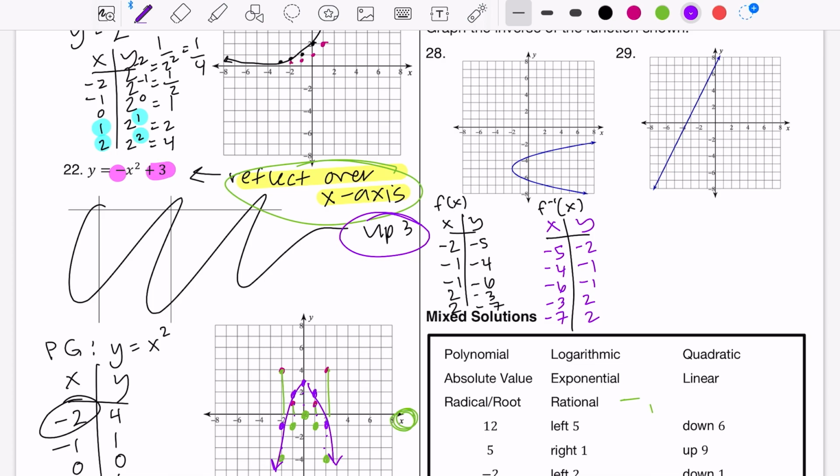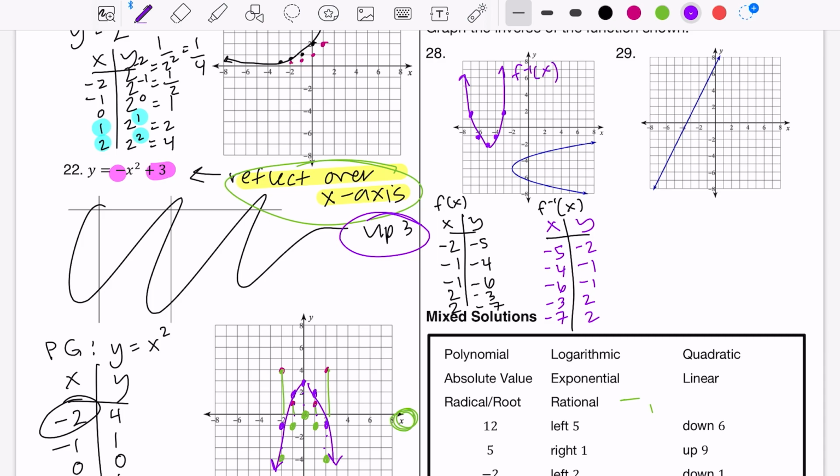So I have (-5, -2), (-4, -1), (-6, -1), (-3, 2), and also (-7, 2). So this is the inverse graph right there.